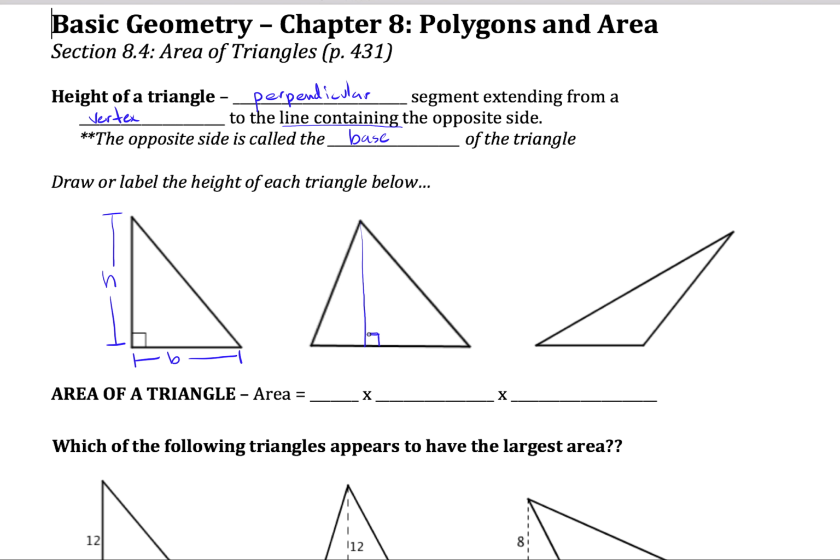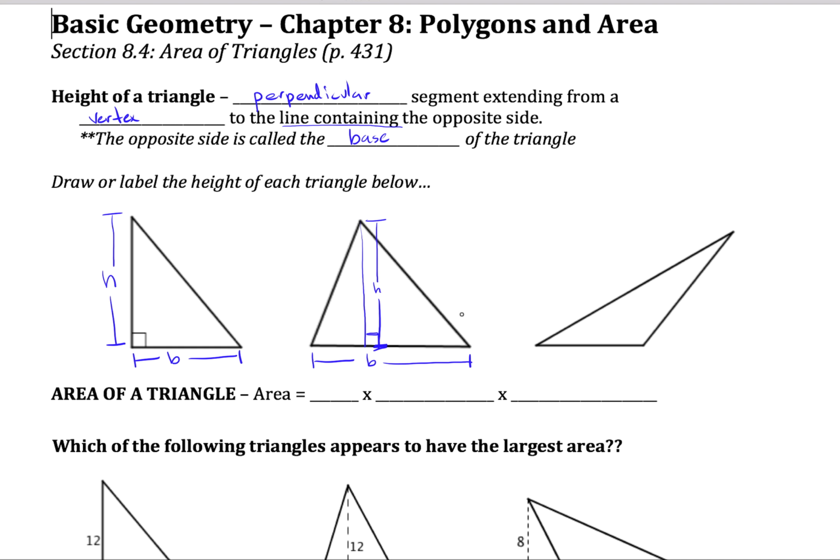It's going to be perpendicular to it, so there'll be a right angle there. And now this measurement right here is our height. And like I just said, this side measurement right here would be our base. So our height from this top vertex down to this bottom side, and then that bottom side would be the base.